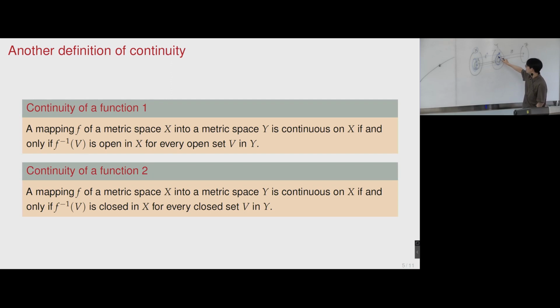So for any closed set here, the inverse image is also closed here. If you can show this, then it also shows that f is continuous. That's a very nice definition, and if you know it, it's very useful because it's a lot easier in proving some things. And if you want to know the more direct reason why they're equivalent, you can also check the textbook. They have a nice proof about it.